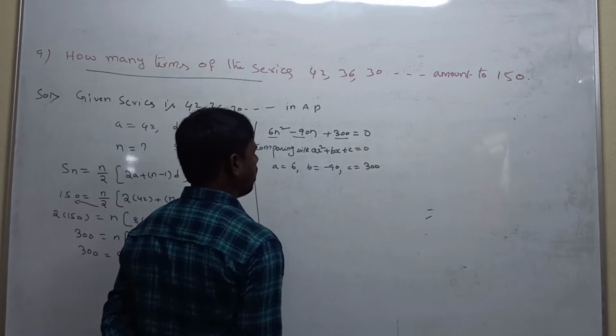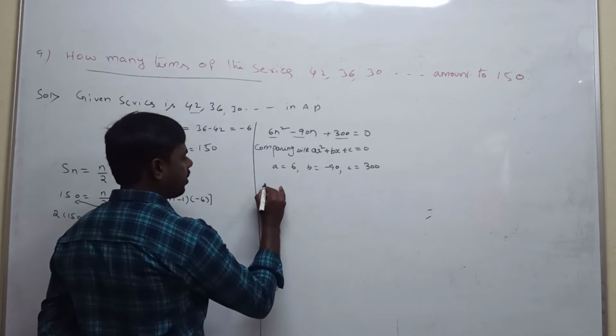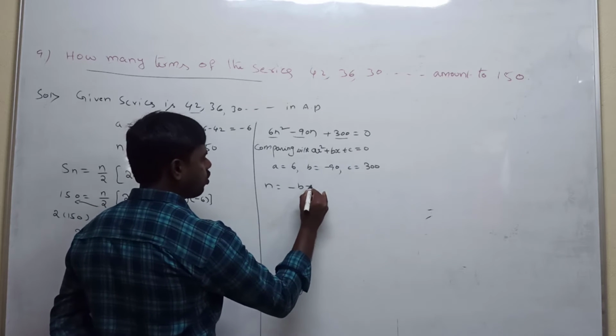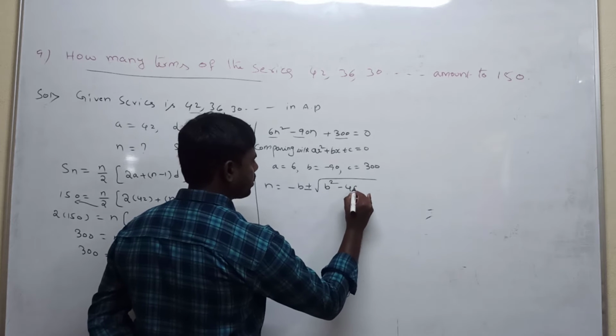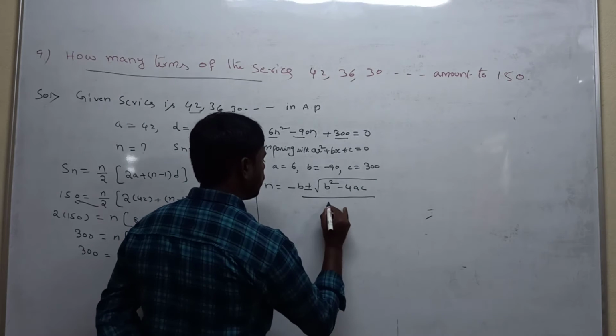Now applying the quadratic roots formula: n is equal to minus b plus or minus square root of b square minus 4ac by 2a.